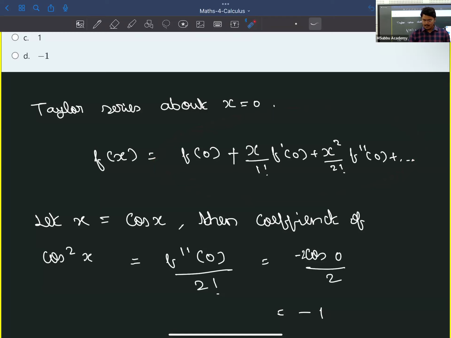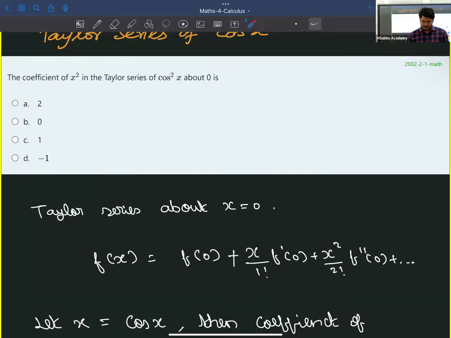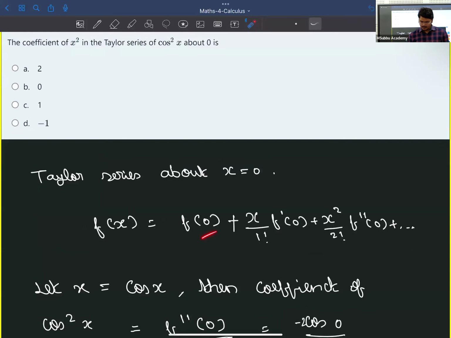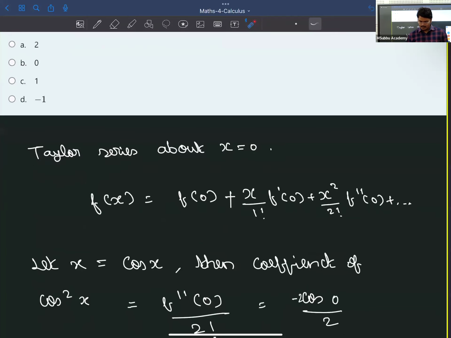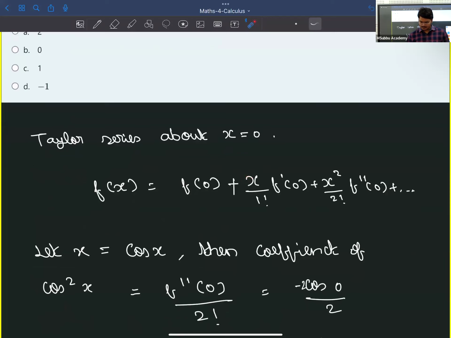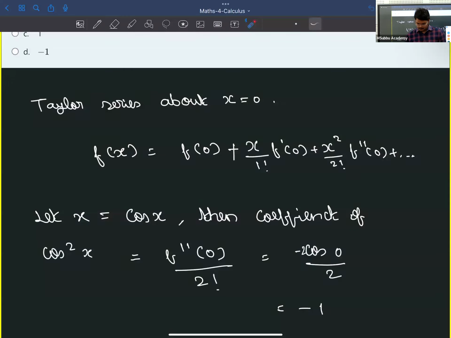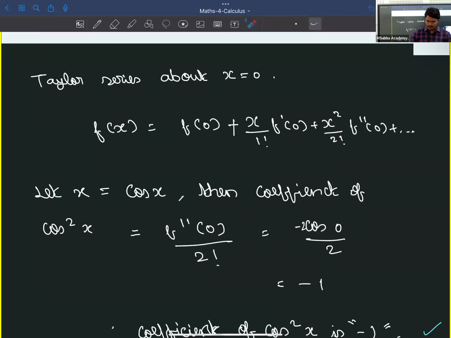So when you take cos x or cos square x, directly what you get is cos square x. So f of 0, again here we get cos square x. Wait a minute. Yes, actually we can do it in that method also.